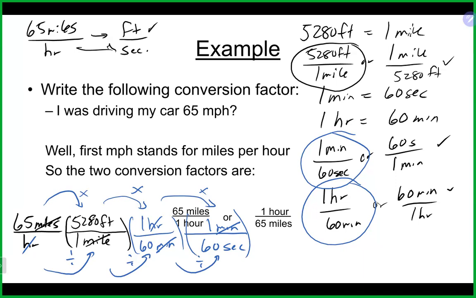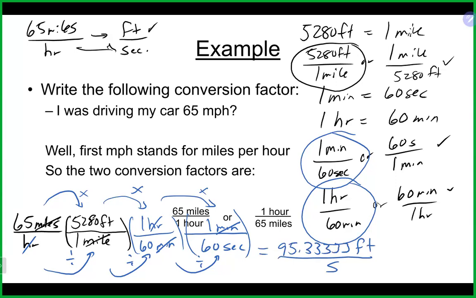Here I'm going to divide it by the first 60 and hit equals, divided by the second 60 and also hit equals. And that's going to give me 95.333, a bunch of threes. Units are feet per second.